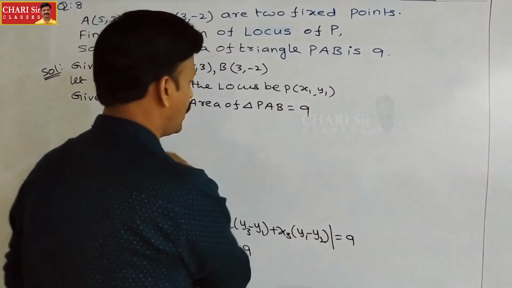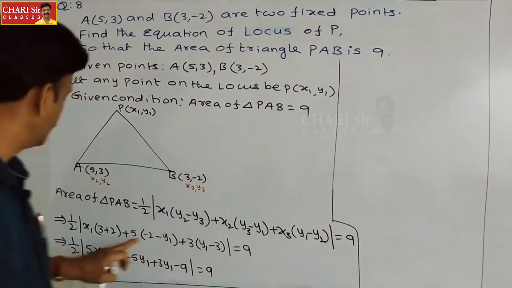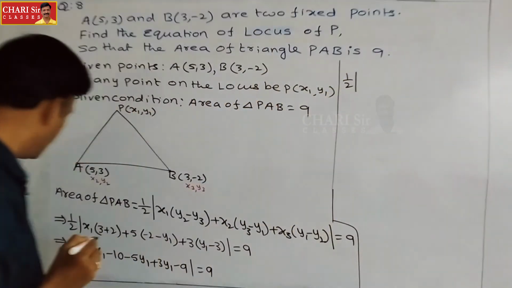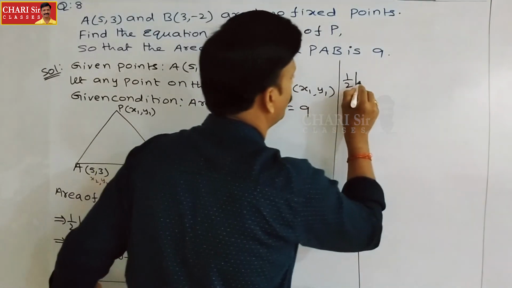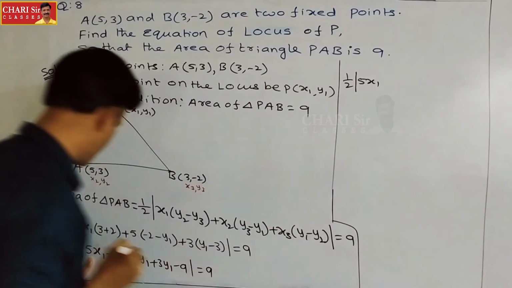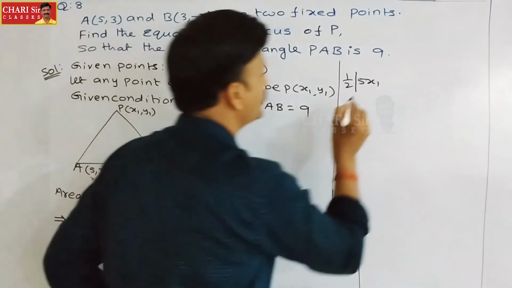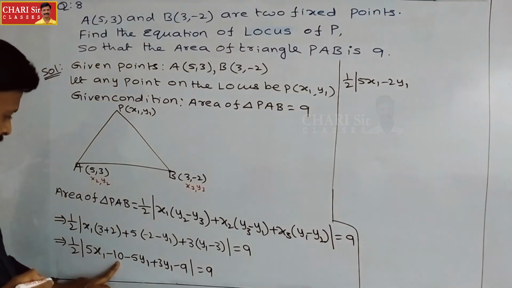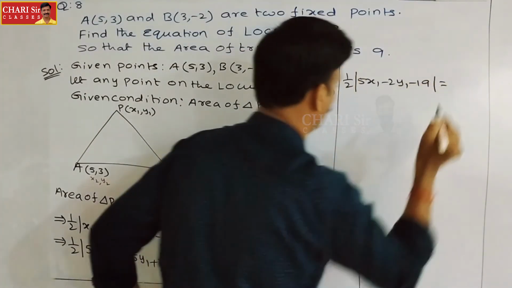Now more simplification: 1/2 under modulus, 5x1 term, minus 5y1 plus 3y1 is minus 2y1, and minus 10 minus 9 is minus 19, which is equal to 9.